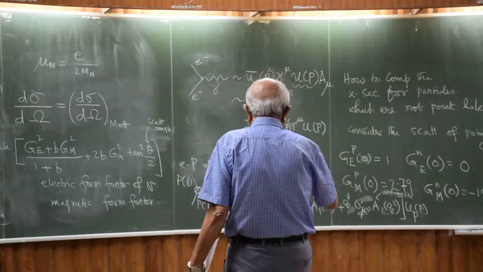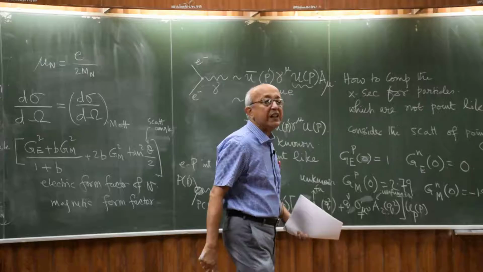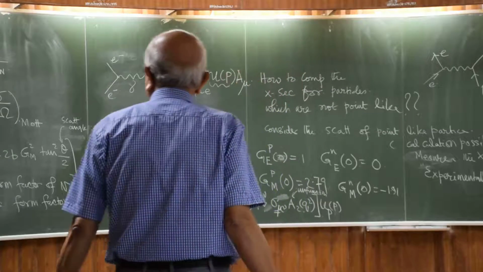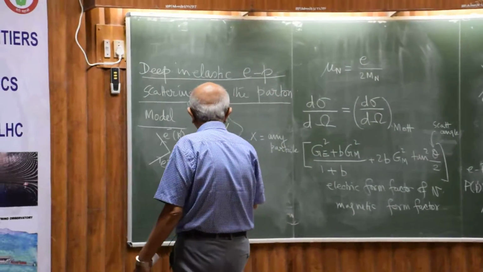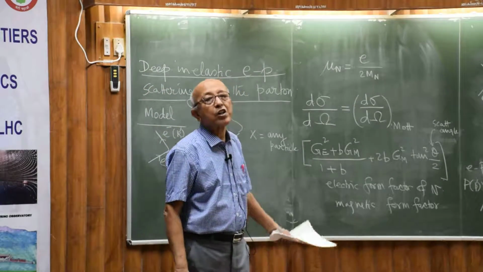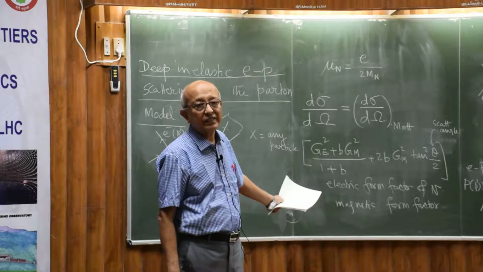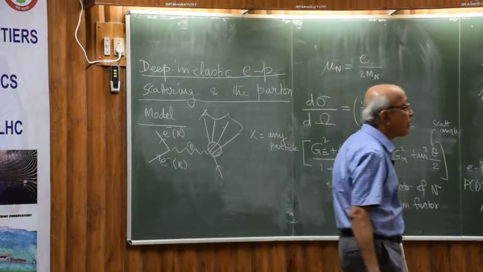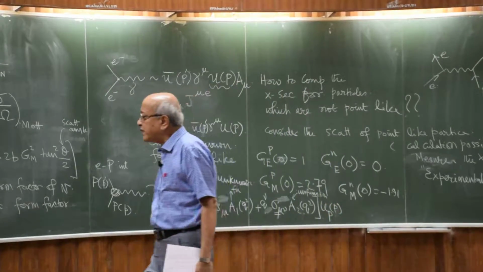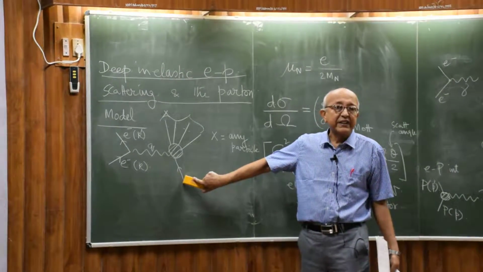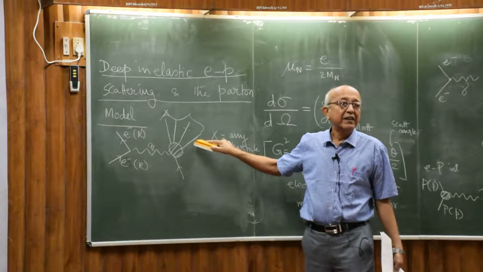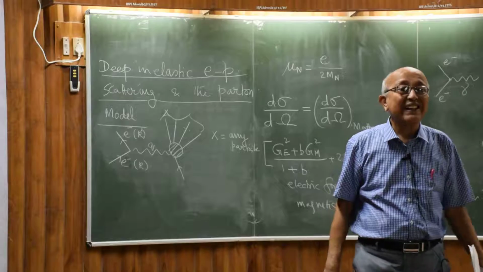But this kind of thing immediately gives us a very important idea, that is, why don't I write this as an unknown current? The only thing is I cannot write it as u bar u, because although I have a single proton in the final state and I know its Dirac wave function, I don't know what the hell is here, because this can be anything.